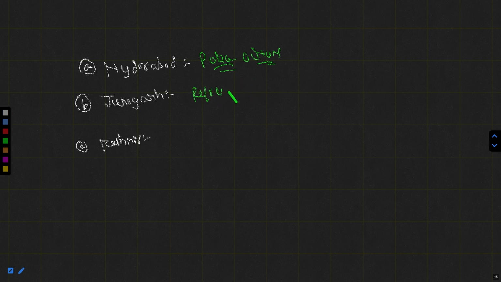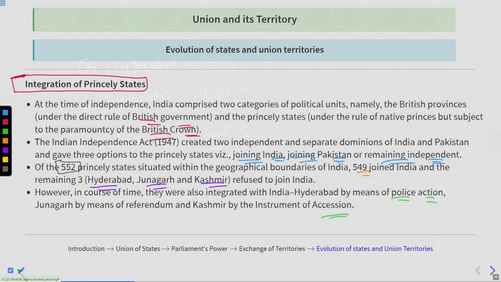Junagadh organized a referendum, a public voting, and Kashmir by the instrument of accession. All right. So please remember these details.